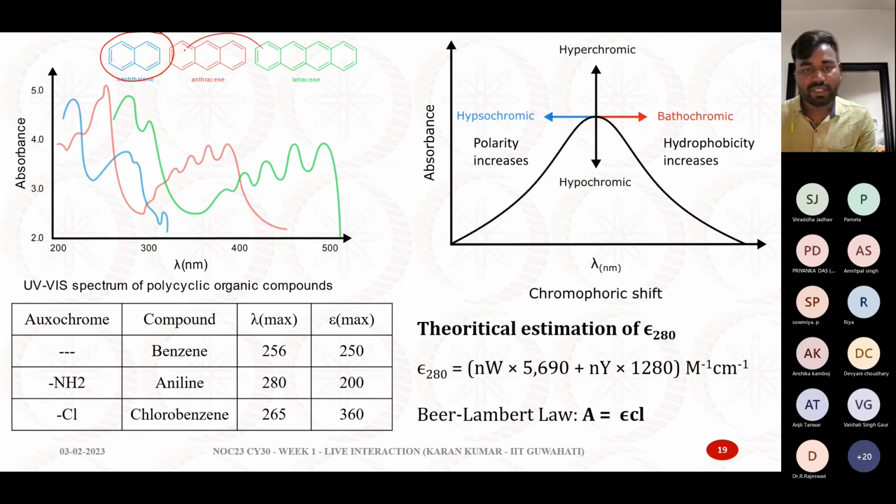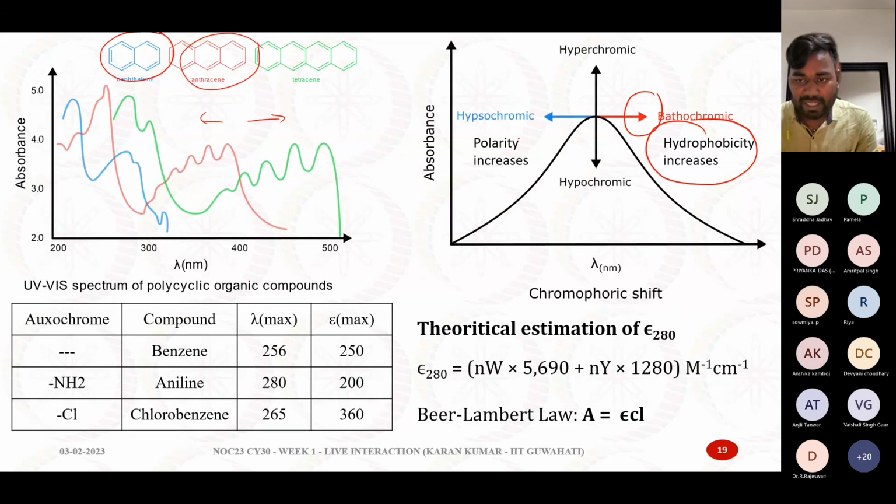When an electron can have more delocalization, the electromagnetic UV absorption spectra can shift either in the right direction or in the left direction. Bathochromic shift is called red shift, and that can occur when hydrophobicity is increased.